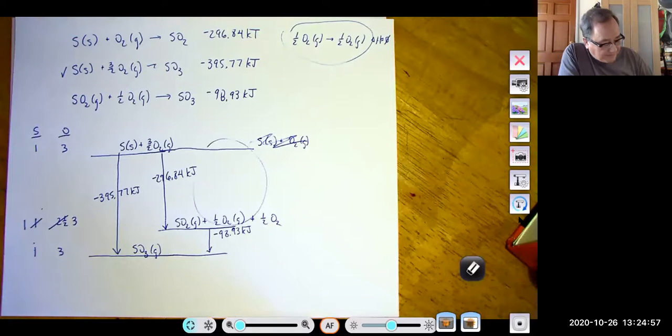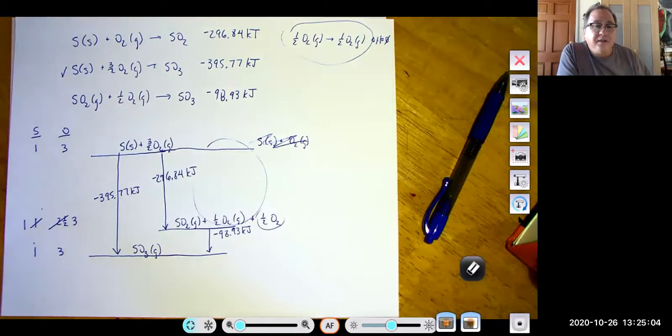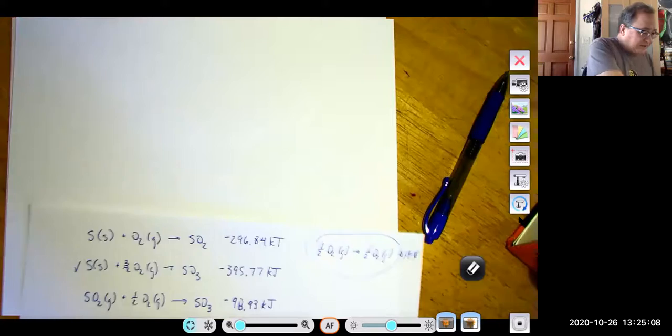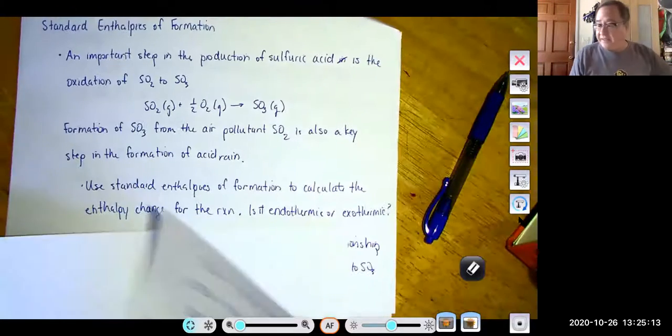Oh, well, never mind. That should belong in there. So that's your energy level diagram. Okay, that's a tough one. Energy level diagrams are something that a lot of you are going to probably mess up on the exam.